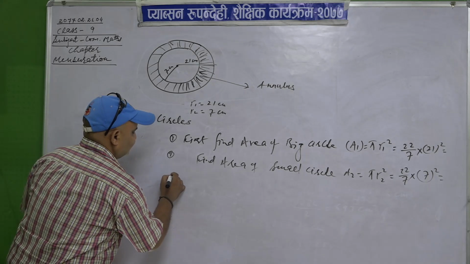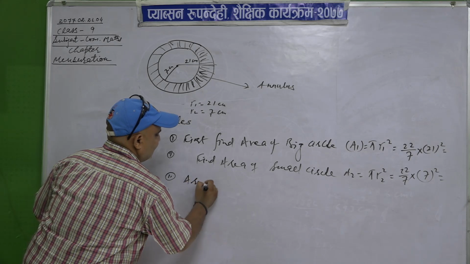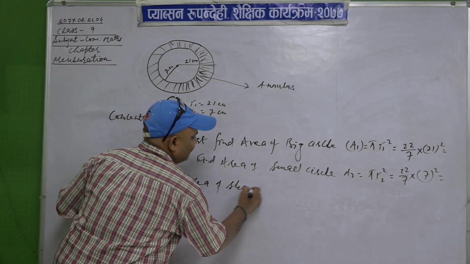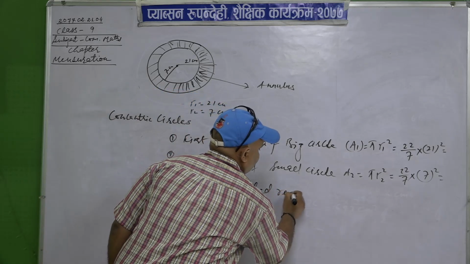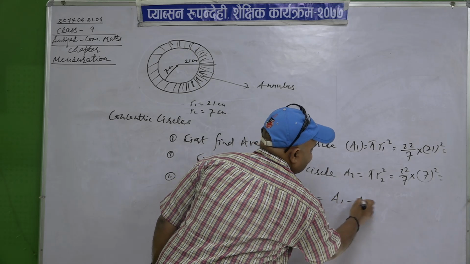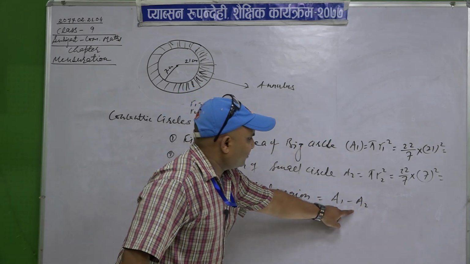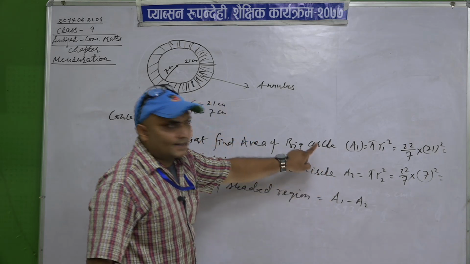So, therefore, in number 3, the area of the shaded region is equal to A1 minus A2. A2 means the area of the small circle, A1 means the area of the big circle.